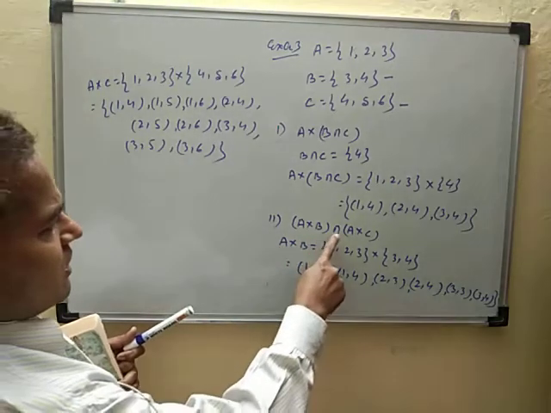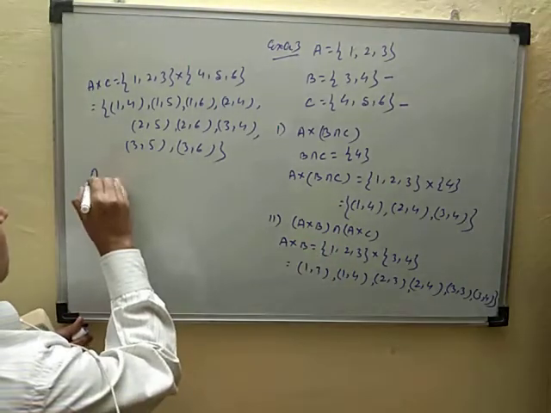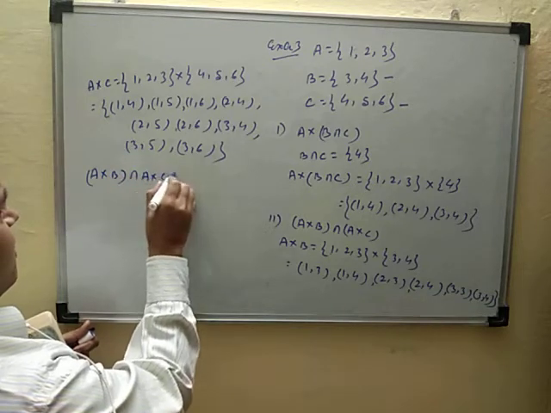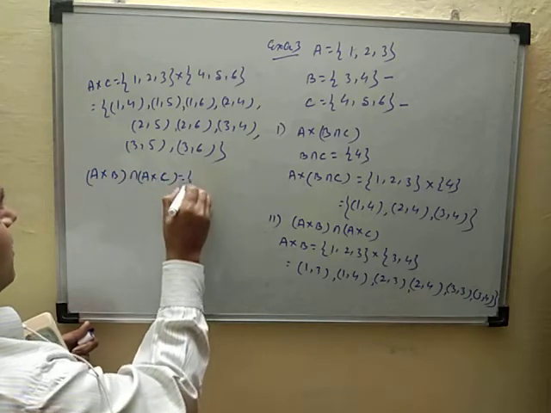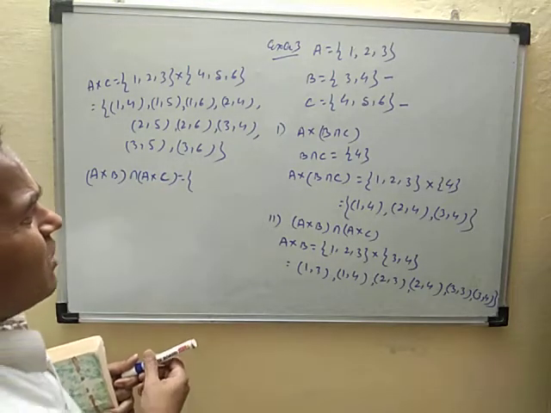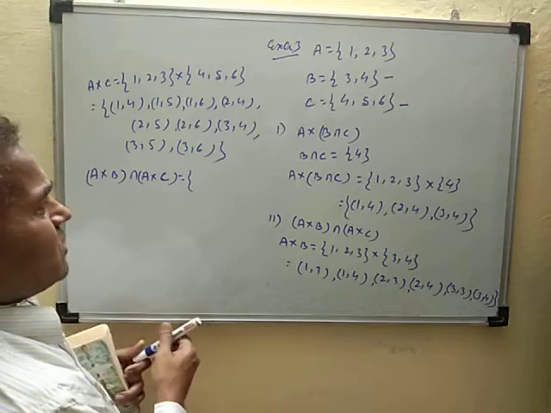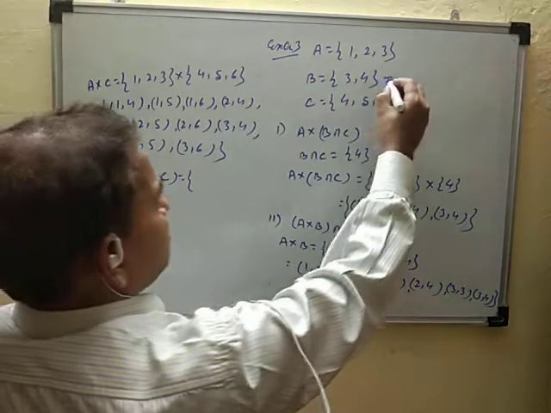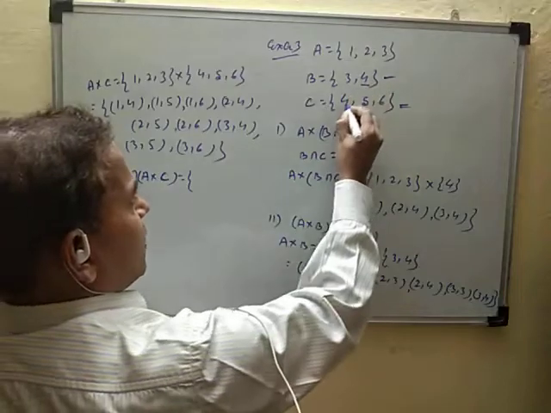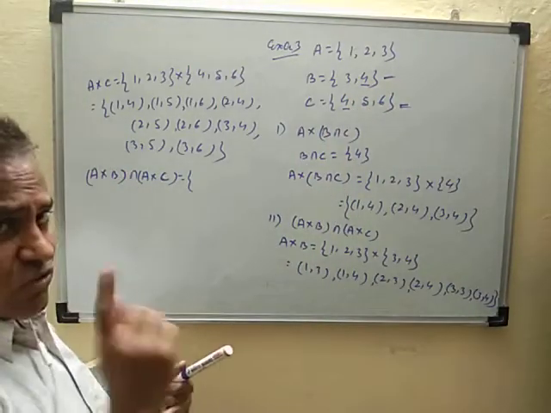Now find the intersection. So (A cross B) intersection (A cross C). That is, the elements that are equal in both. Check which elements are equal. Check which elements of set B and set C are equal. Only 4 is equal.